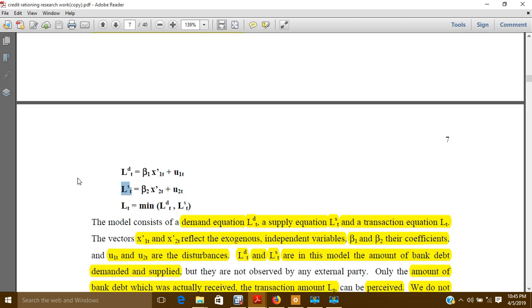So first of all, let us consider that the bank gave us as much as it was asked or demanded by the company.